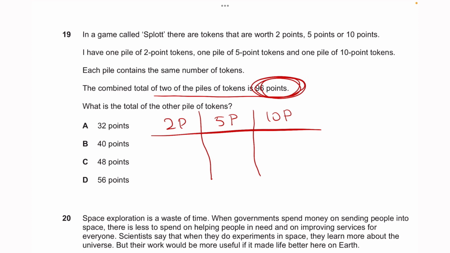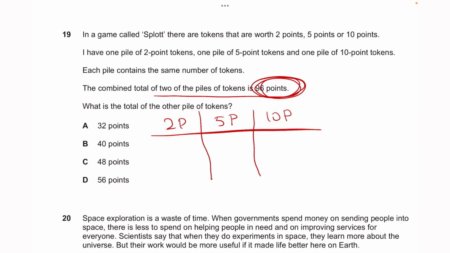We don't know the amount of tokens within there, but we know the point worth of each of these tokens, and we need to make sure that it equals 96. So we can use a bit of trial and error, and 96 is quite a big number, so you would assume that it could most possibly use 10 points as one of them, and we've got to have the same number of tokens for 10 with 2.